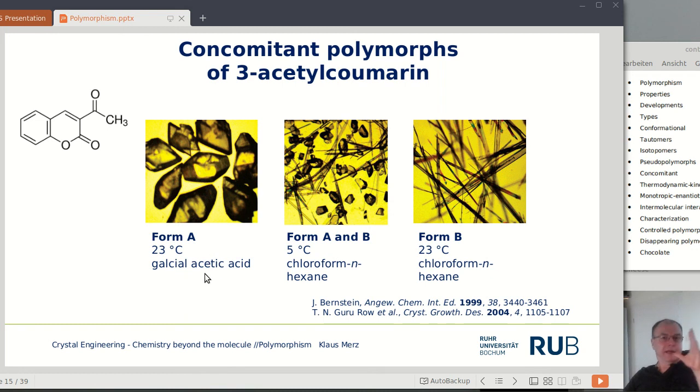From an organic acid at 23 degrees, a little bit of ambient temperature, you will get form A. If you crystallize this compound from a solvent mixture, typical organic solvents, not acids, chloroform and hexane for example, then you will get form B. Only by switching the temperature, at low temperature, you will get both forms.